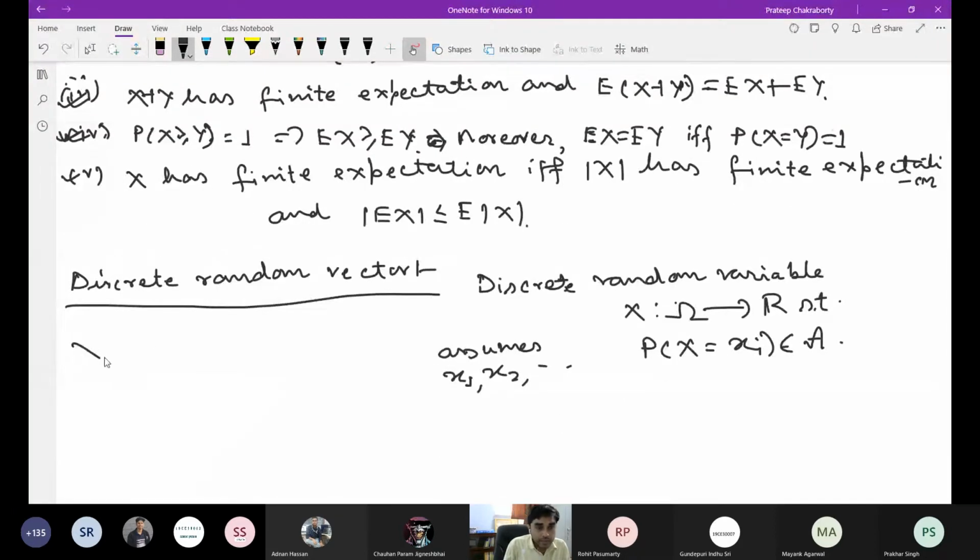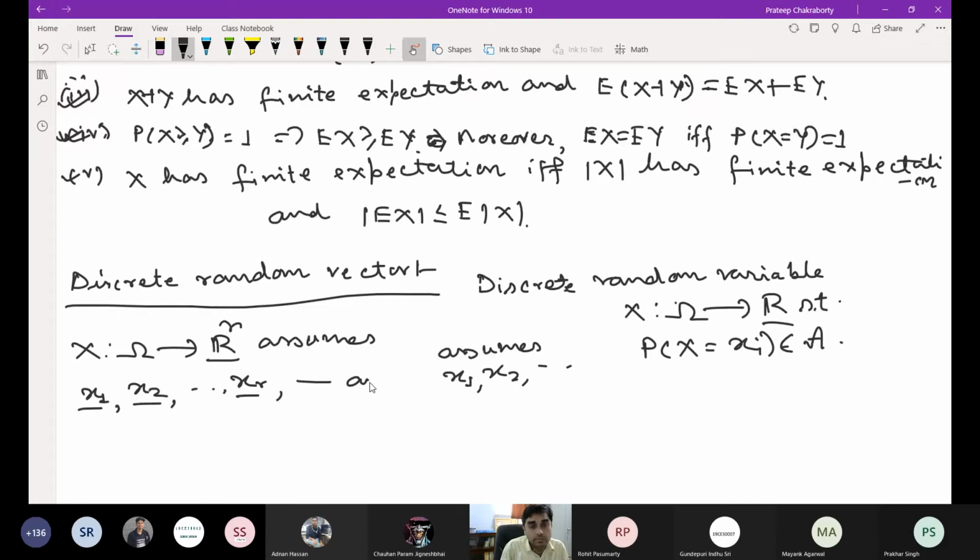This is a map X from omega to R power r. Instead of R, we are taking R power r, which assumes some finite or countably infinite vectors in R power r, and the probability X is equal to xi is an event.